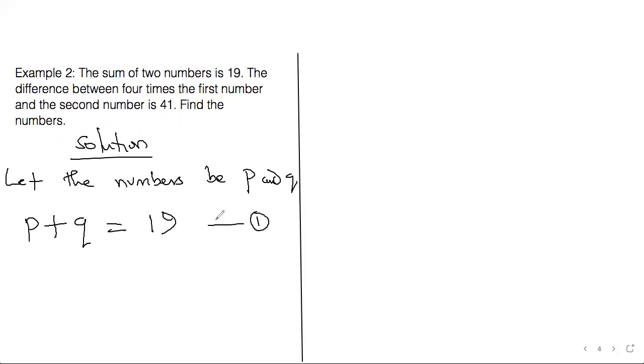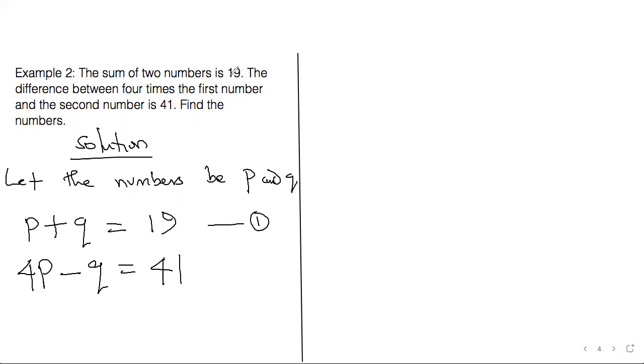So this gives me the first equation. Then the difference between 4 times the first number and the second number. The difference means minus, right? So I'm going to do 4 times the first number and subtract the second number from it, minus Q. It must give me 41. Is means equals.